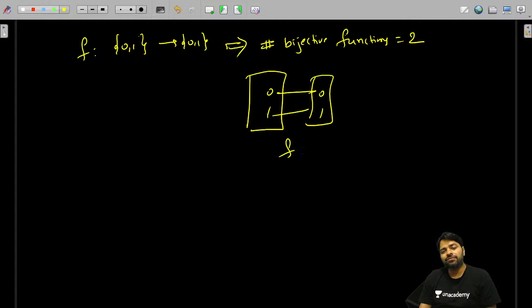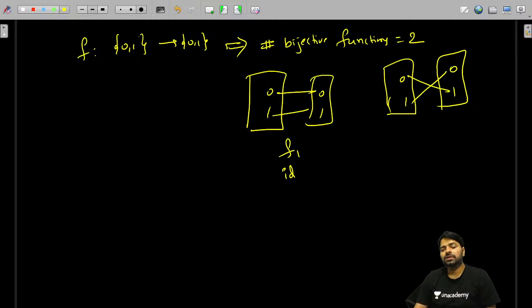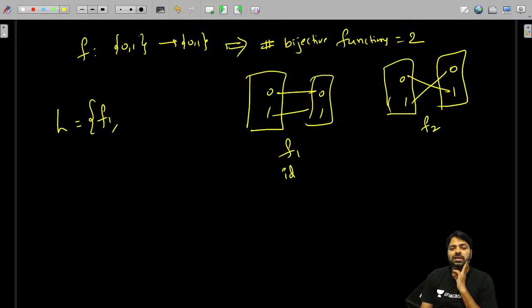This is called F1. You can say it is ID. And another one, F2, and this is not ID at all. Now look at what L is. L has to include F1, because if you do phi of F1, it has to be ID. And next is F2, and look at this, F2, F2.